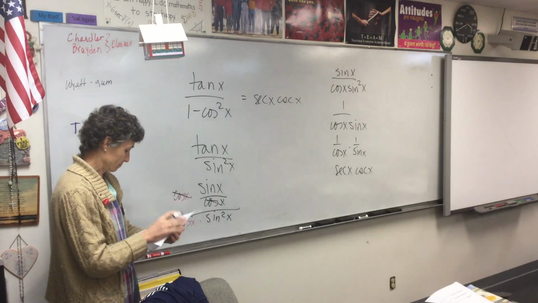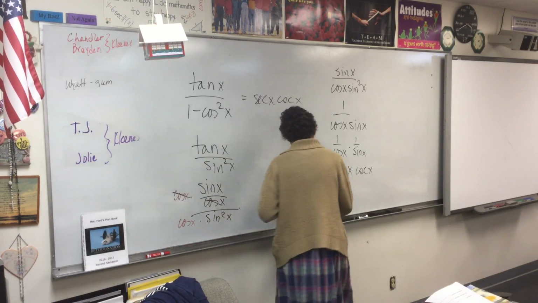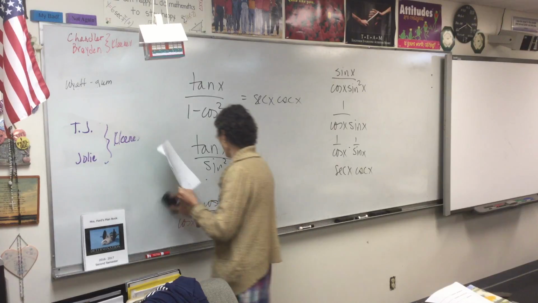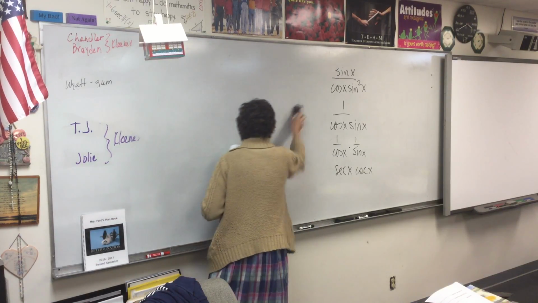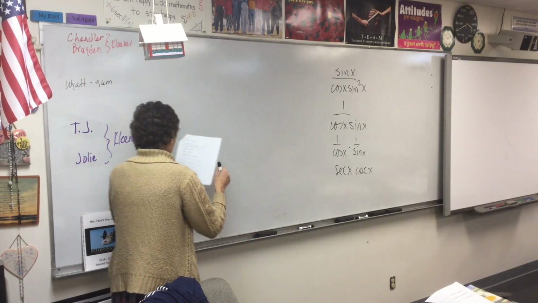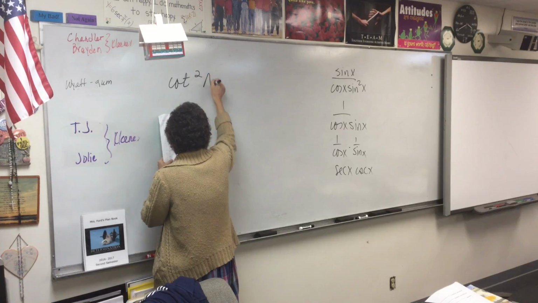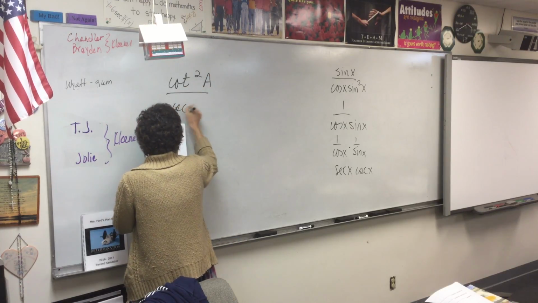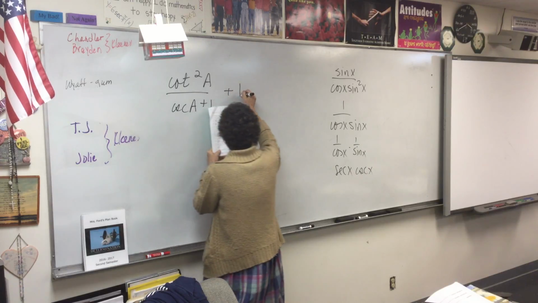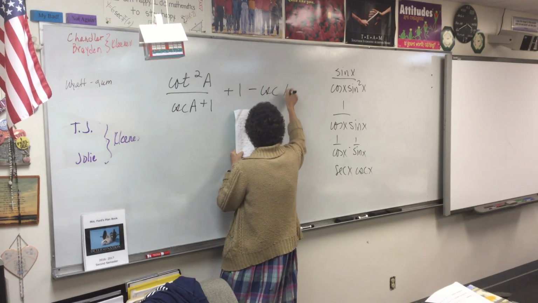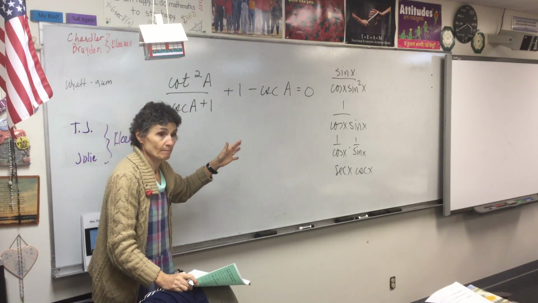Sixteen. Now, when it equals 0 like that, that means everything has to cancel out. So it might be good, let's just think about this for a second. If I have to make everything cancel out, do you think it might be a good idea to get everything over here like terms?